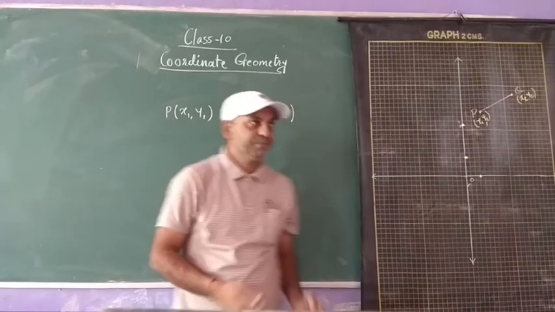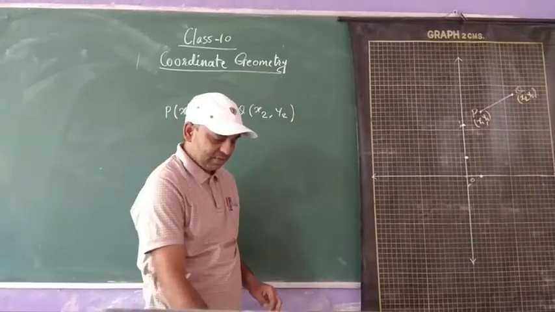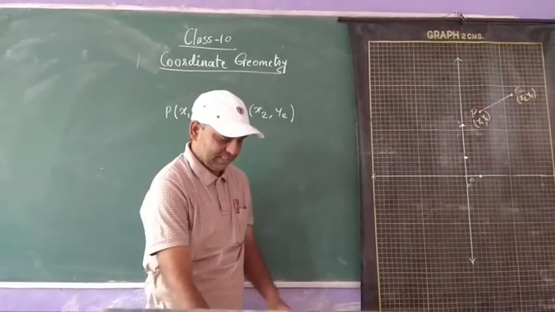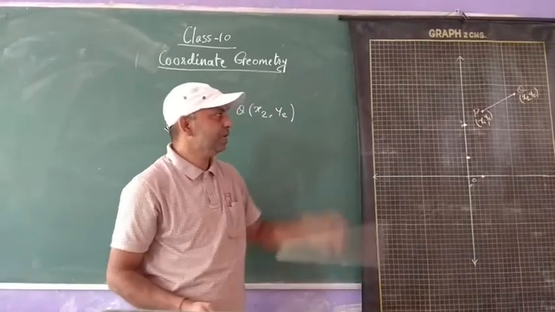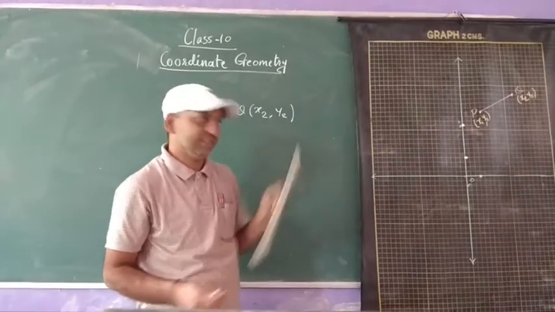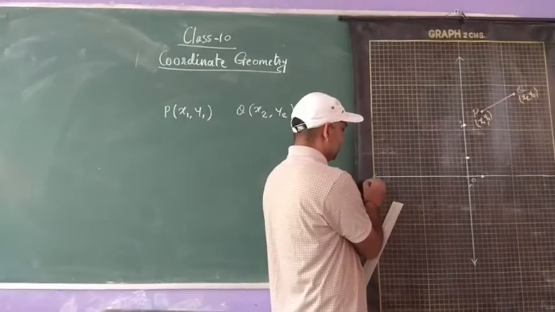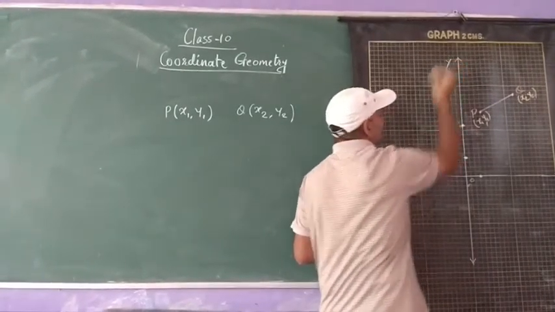First we draw perpendicular lines from P and Q to the x-axis. You know that this is the x-axis and this is the y-axis.